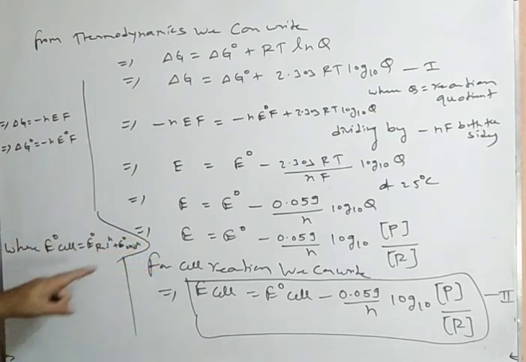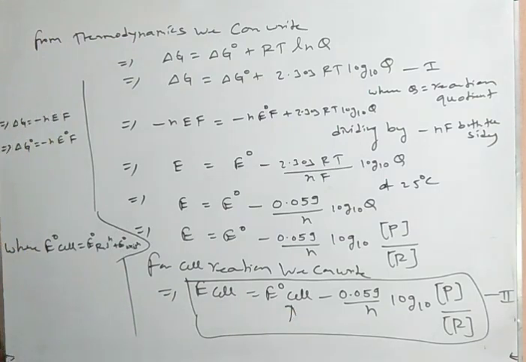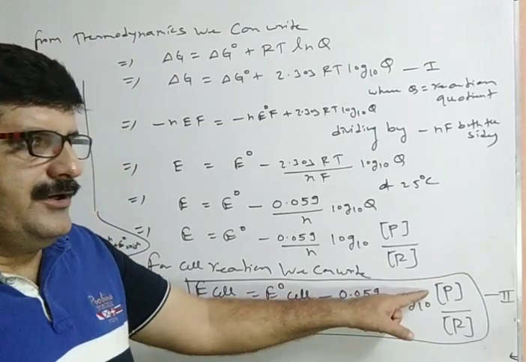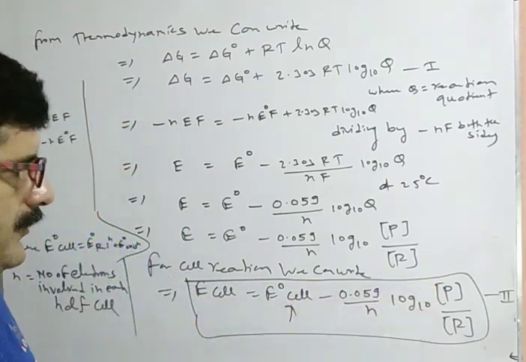The sum of oxidation potential and reduction potential gives the value of E naught cell. n is equal to the number of electrons involved in each half cell. Here P and R, P means product, R means reactant, concentration of product by concentration of reactant.